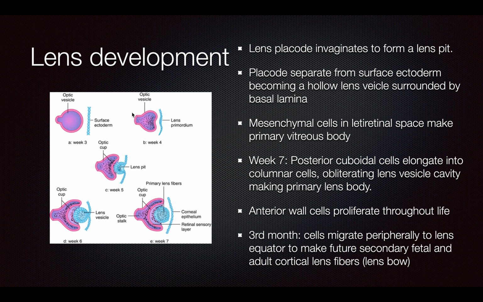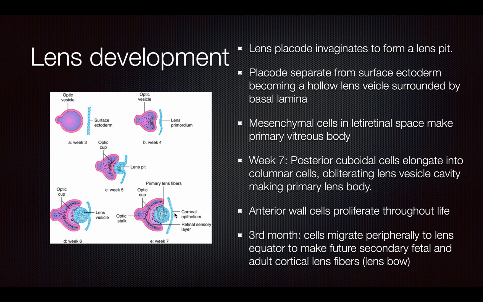The lens placode, once again, invaginates, and it separates from the surface ectoderm and becomes a hollow lens vesicle surrounded by a basal lamina. And the mesenchyme cells in the lentiretinal space will make the primary vitreous body. By week 7, the posterior cuboidal cells elongate into the columnar cells that will obliterate the lens vesicle, making the primary lens body.